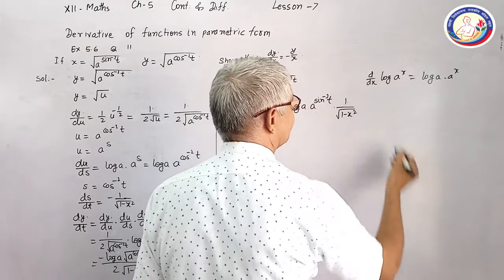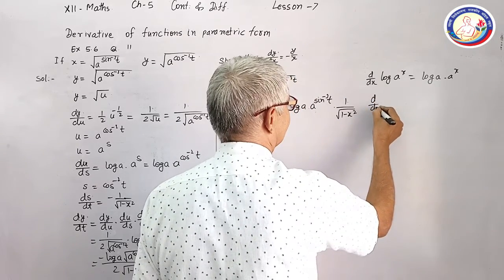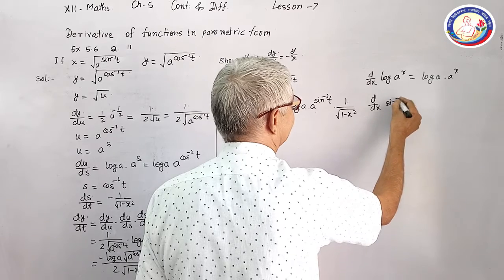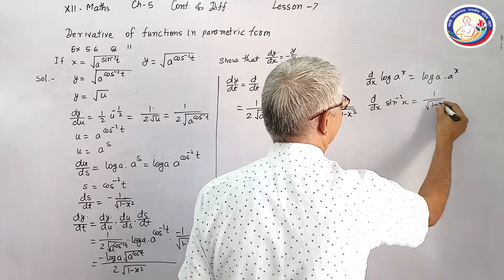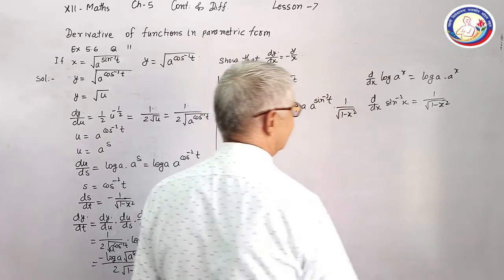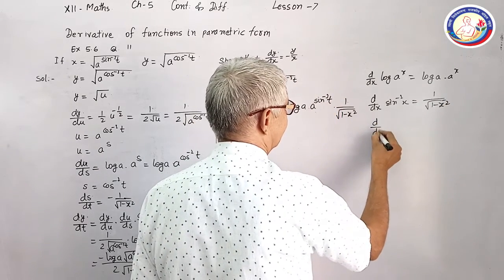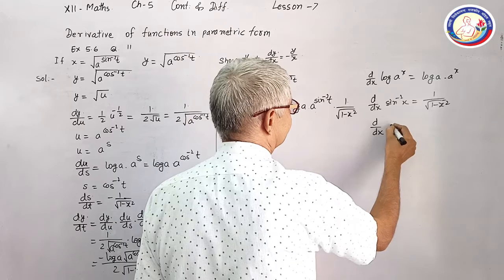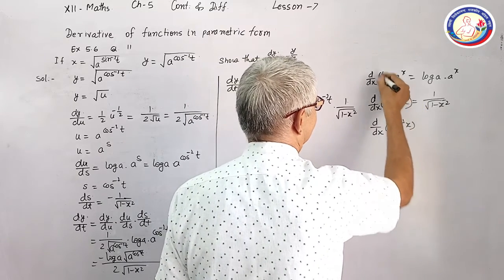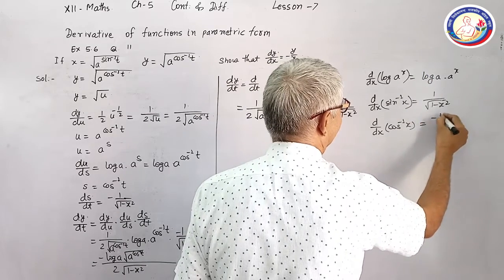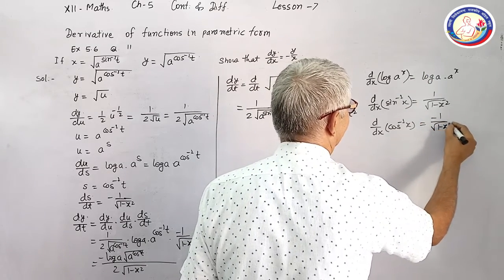And the derivative of sine inverse x is 1 upon square root of 1 minus x square, and similarly the derivative of cos inverse x is minus 1 upon under root 1 minus x square.